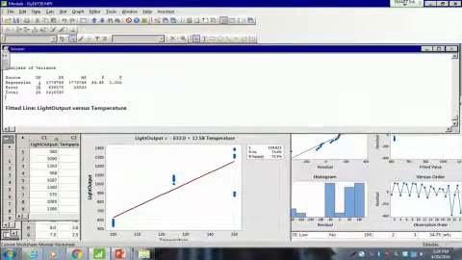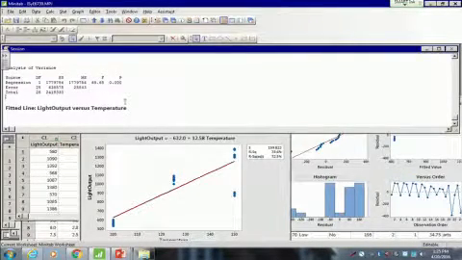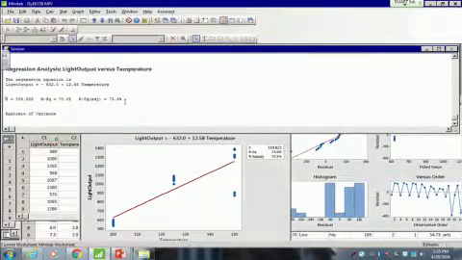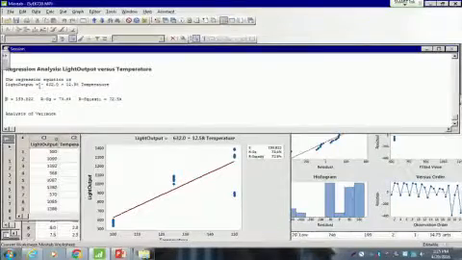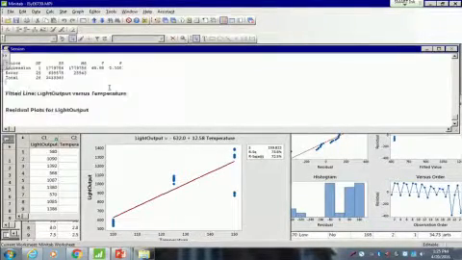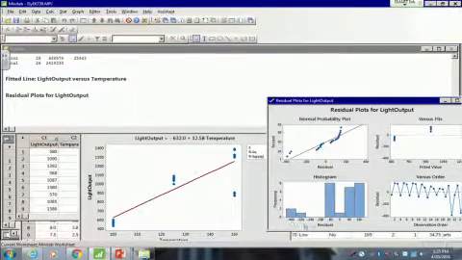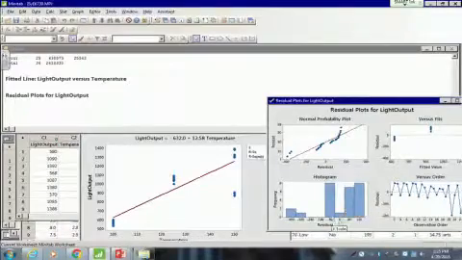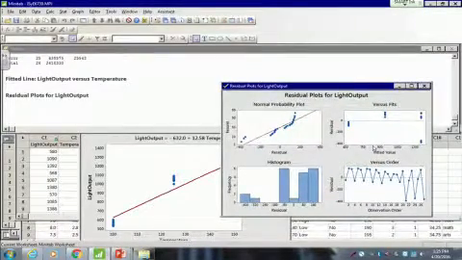So for the linear model, you can see the regression. This is the analysis of variance for regression, testing whether beta 1 is equal to 0 or not. This is R square adjusted, this is R square, and this is the regression model. Okay? As you can see, the residuals are acting kind of weird.